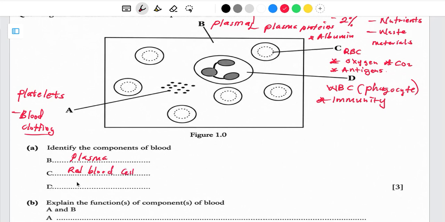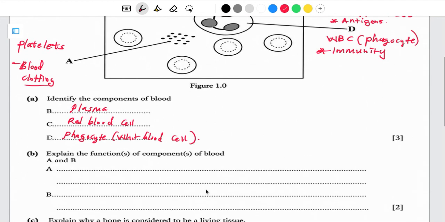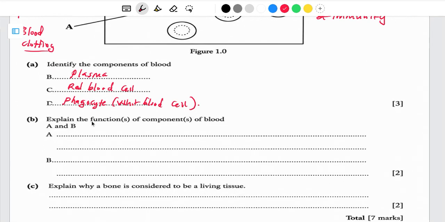Then D is representing phagocyte. But you have to say phagocyte, or you can say white blood cell.